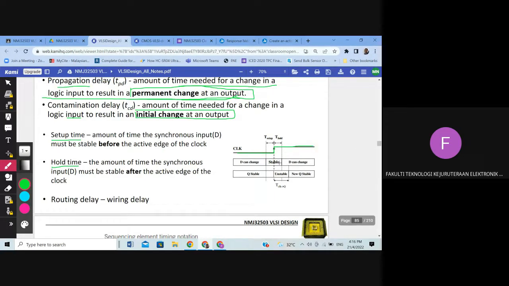This is an ideal clock. Normally a clock needs to have setup time and hold time. So what is setup time? What is hold time? We can see the dotted line here, which is the boundary at the rising edge between 0 and 1. So this is 0 and this is 1.